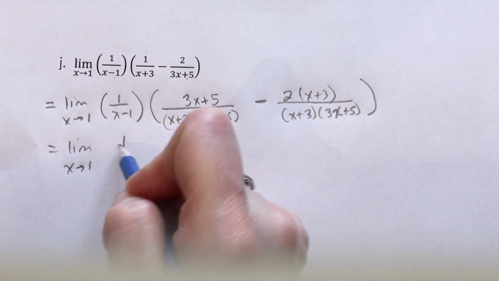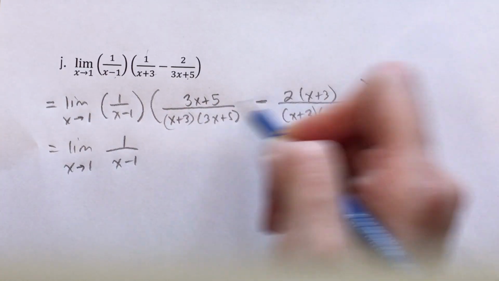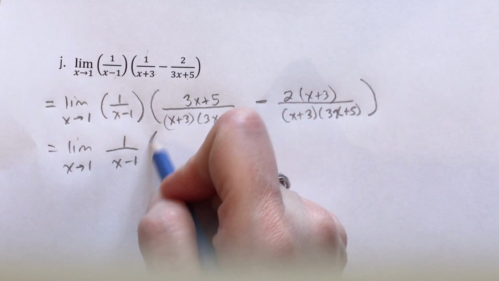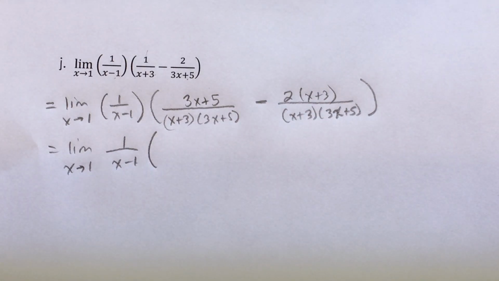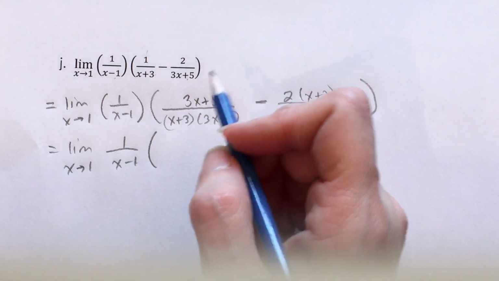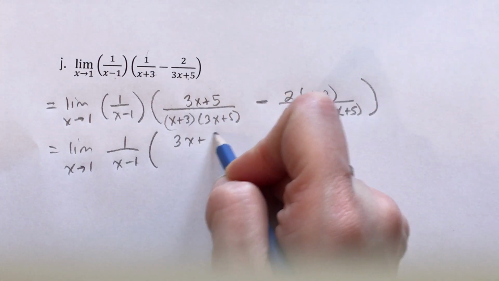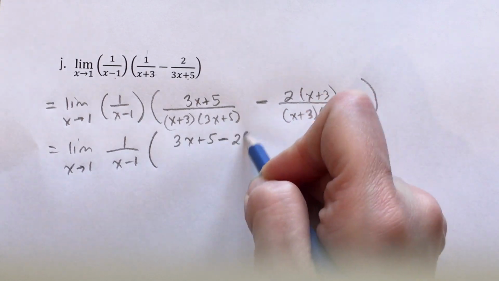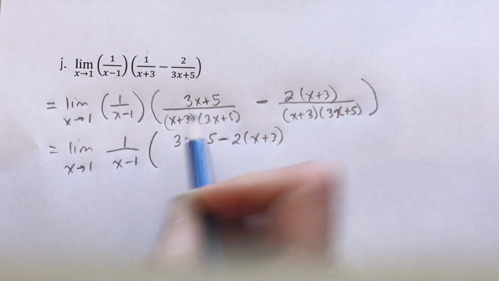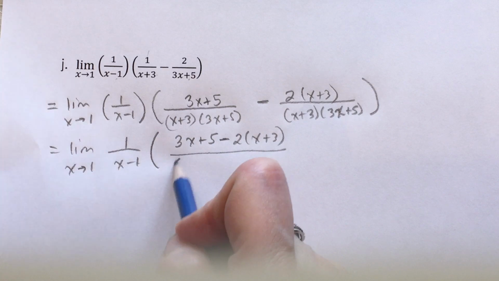So I guess what we're hoping for is that we'd end up with an x minus 1 on top to divide out this problematic x minus 1 here that would approach 0 as x approached 1. So now we're going to do the step where we subtract, in this case, the numerators over that common denominator that we found.